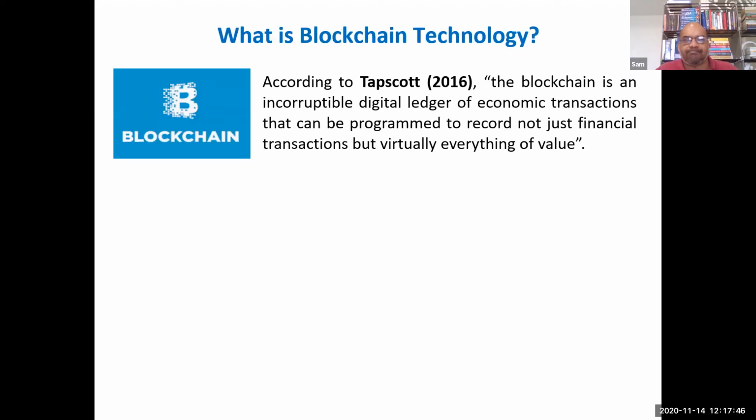So basically, getting into a more proper definition of blockchain, or what is blockchain technology. According to Tapscott, the blockchain is an incorruptible digital ledger, that is, as I said earlier, the records cannot be changed, right?